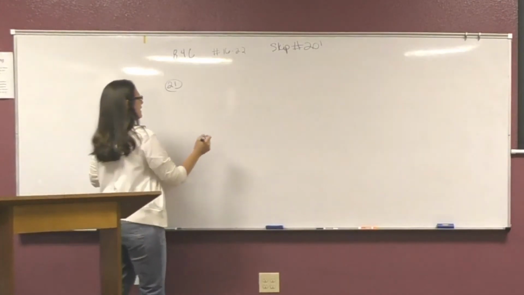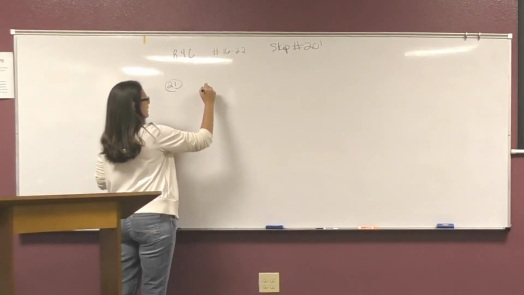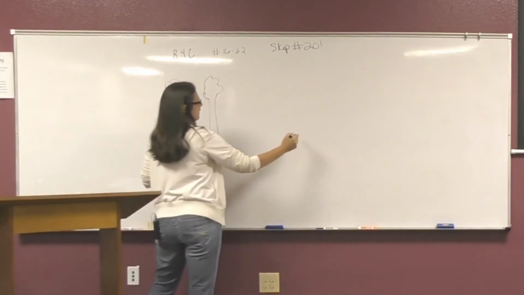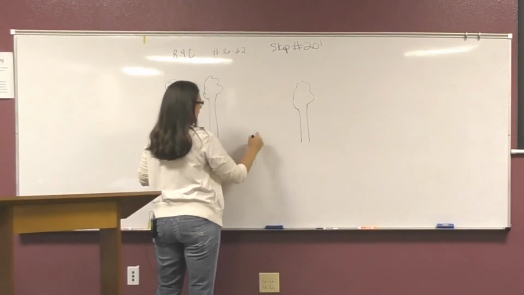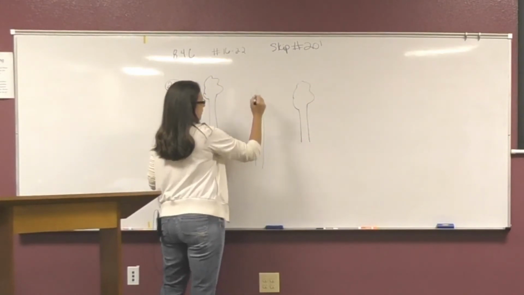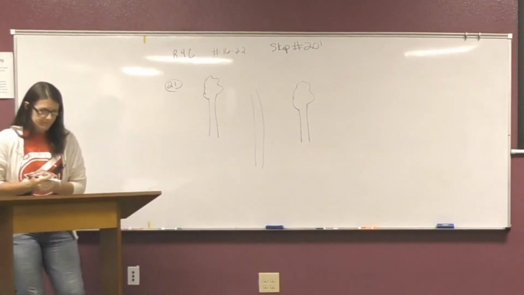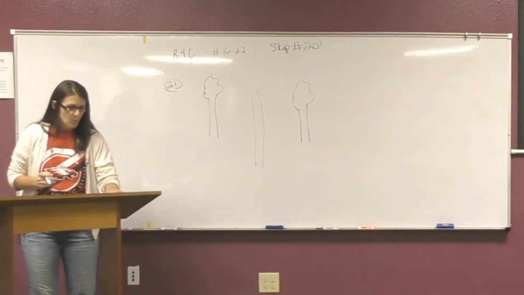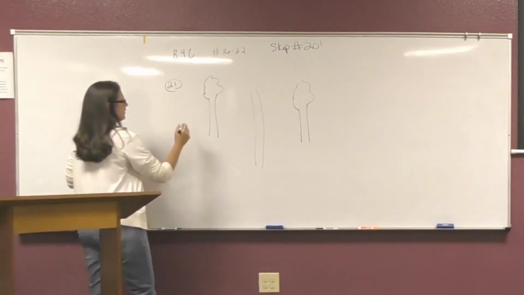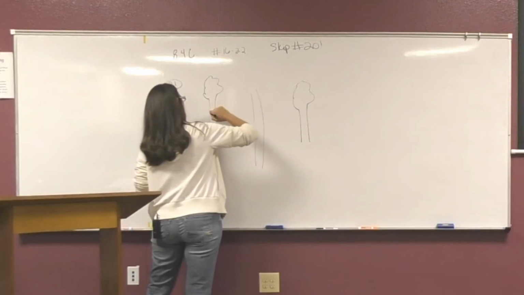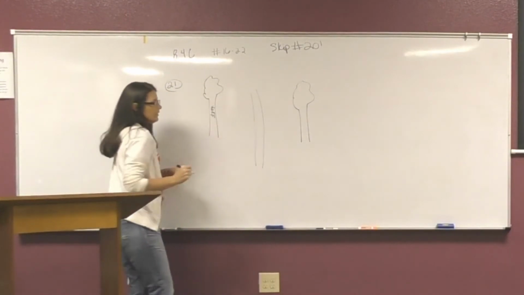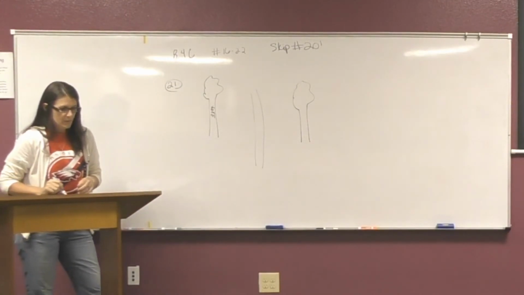So just to give you a picture, we've got one tree, and then we've got another tree, and then we got a walking path going in between them, right? One of the trees is 33 feet tall, so we'll give that to this guy, 33 feet. The other one is 20 feet.